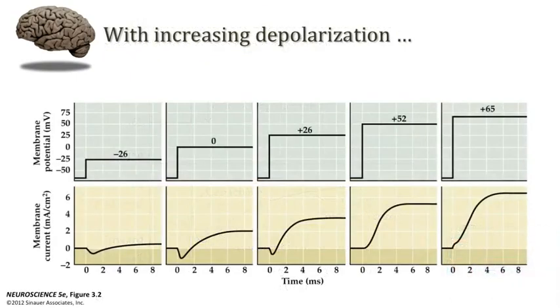So now, what is being described in figure 3.2 from the textbook is the results of an experiment where there are incremental changes in the voltage clamp setting in the depolarizing direction. So we're starting off at rest, somewhere around -65 millivolts, and we are now applying a depolarizing current step from rest to different values of depolarization, first approaching 0 millivolts and then even going beyond 0 millivolts.